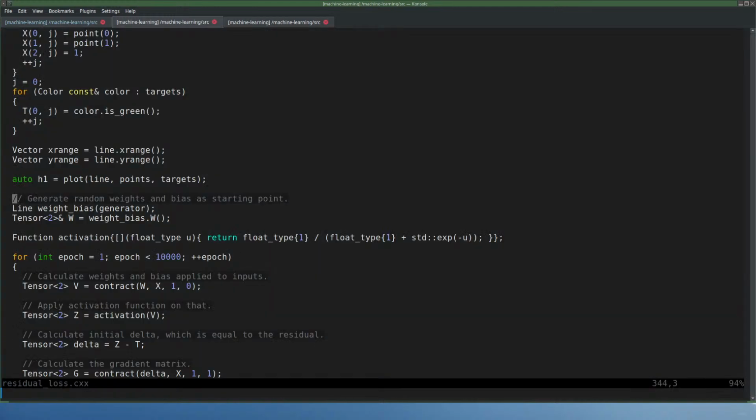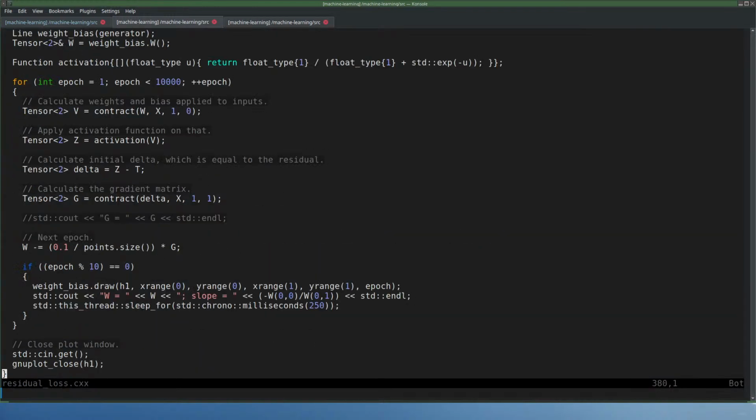What I can do, of course, is draw that very first one as well. This is even after the weights were already adjusted here. Yeah, I just have to draw it before I do that.